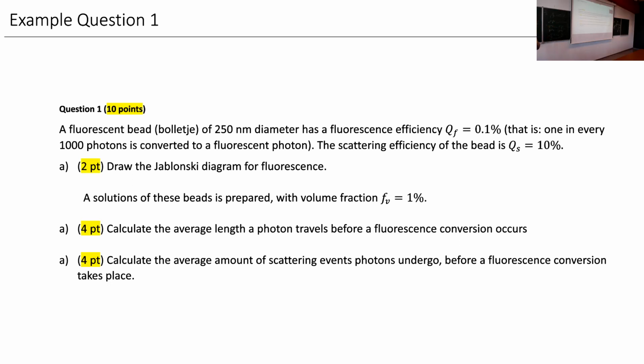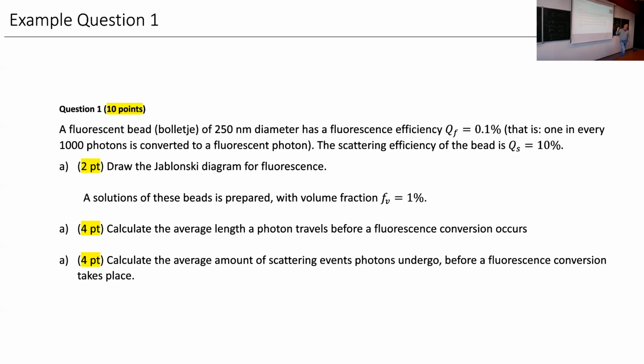So I have a worked out example on Canvas. Here's an example question, just for you to look at. I think that one is on Canvas as well. So here, for example, I would ask you to draw the Jablonski diagram for fluorescence. There is some efficiency here, so for that efficiency, you can calculate the cross section.